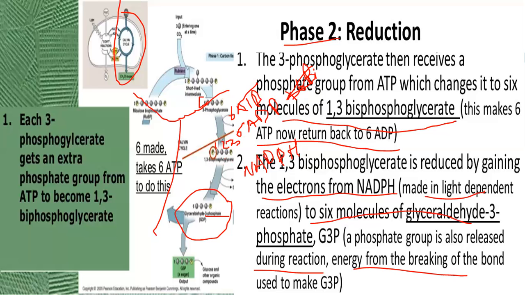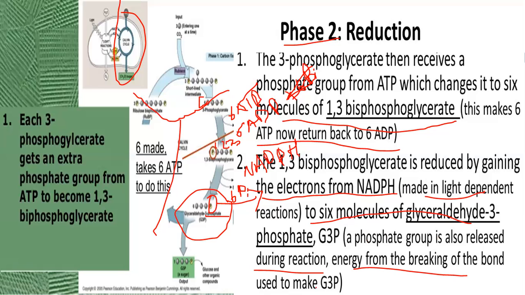Then by the reducing power of NADPH, by adding the electrons from NADPH, it is changed into glyceraldehyde 3-phosphate, and 6 inorganic phosphates are released here.